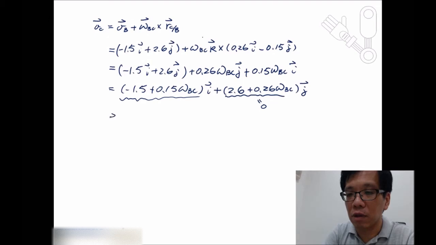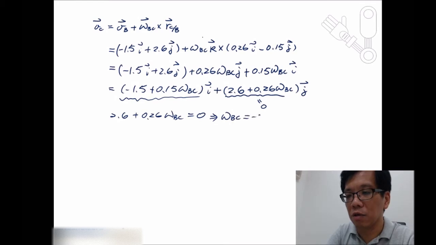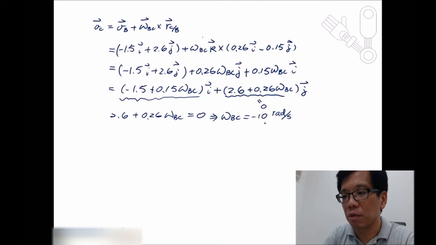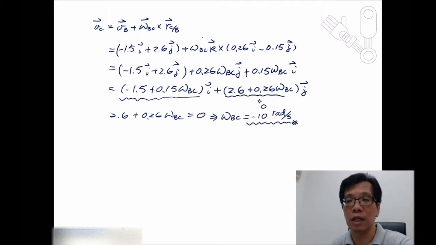So clearly 2.6 plus 0.26 omega BC equals to 0, which yields omega BC equals negative 10 radians per second. This is one of the answers.